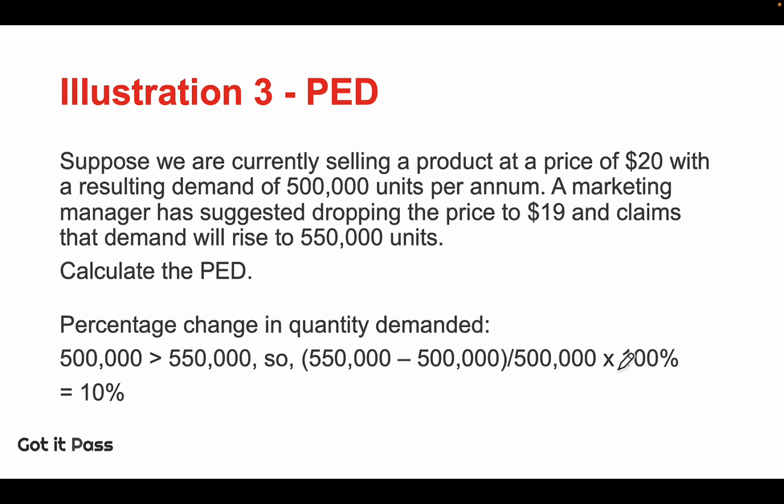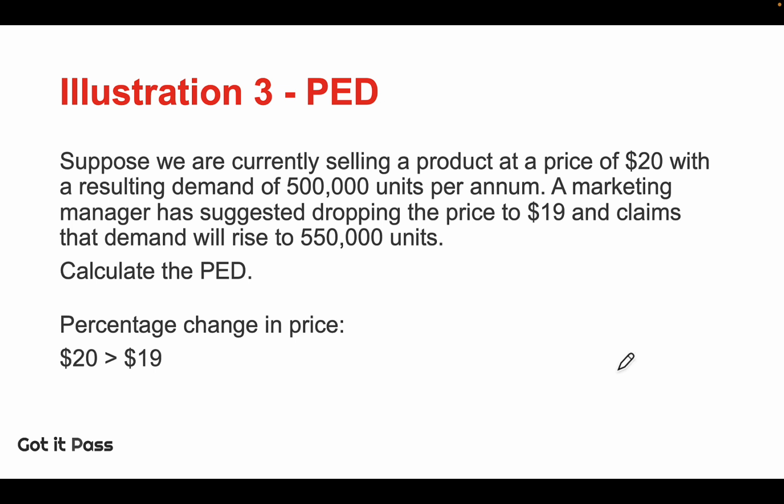Another variable that we need to derive here is the percentage change in price. It decreased from $20 to $19. So this $1 change, and $1 divided by 20 times 100%, comes to minus 5%. So the price dropped by 5%.